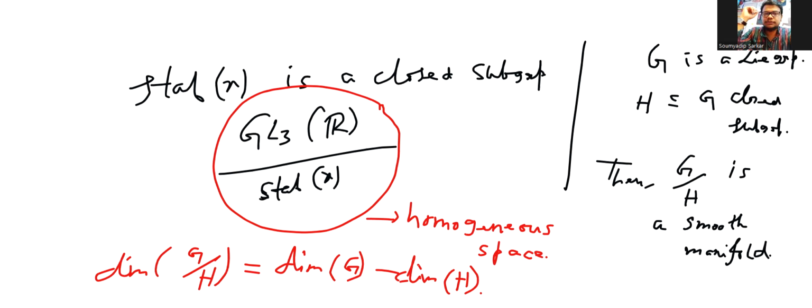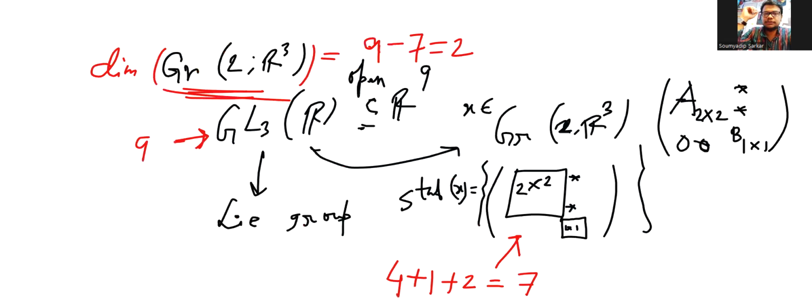So GL3(R) acts transitively on Gr(2, R^3), and Gr(2, R^3) can be identified with GL3(R) modulo the stabilizer of X, where X is a particular two-dimensional subspace. You have seen that the dimension of the stabilizer is 7-dimensional by this argument, and GL3(R) is a 9-dimensional object.